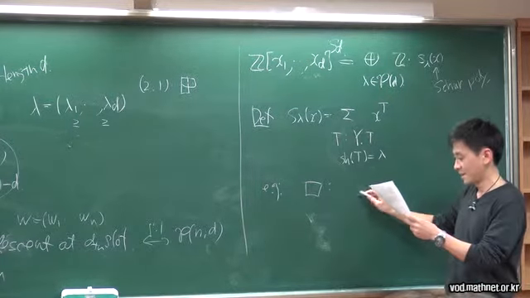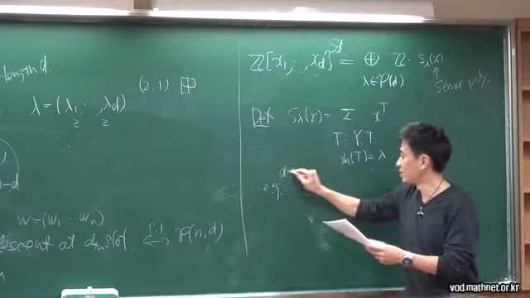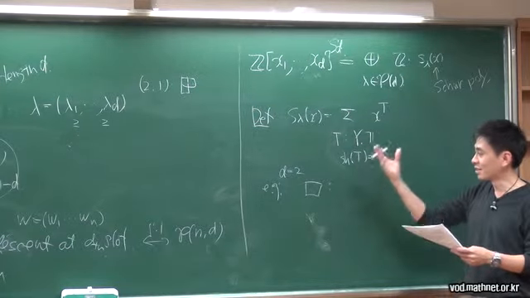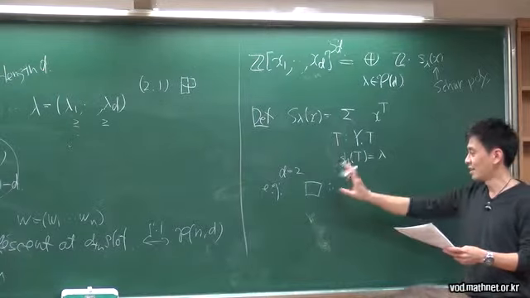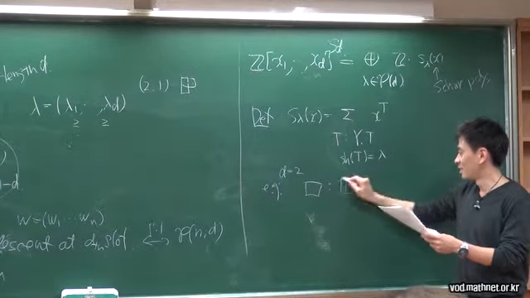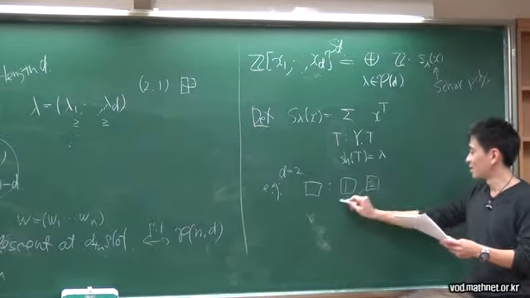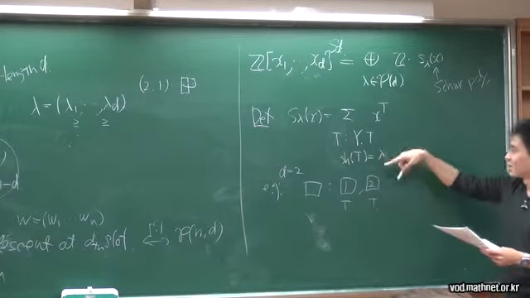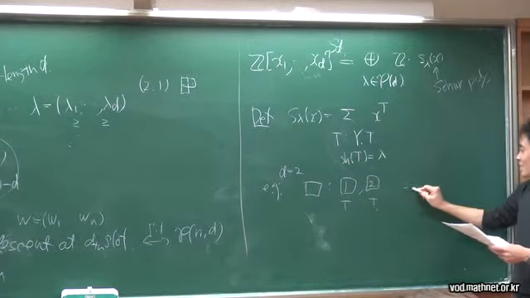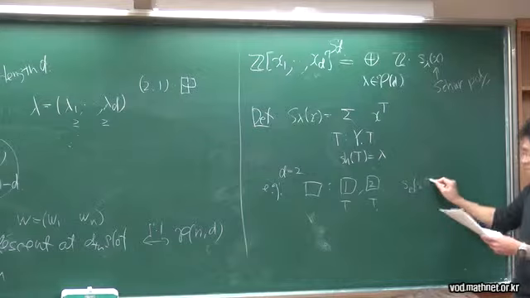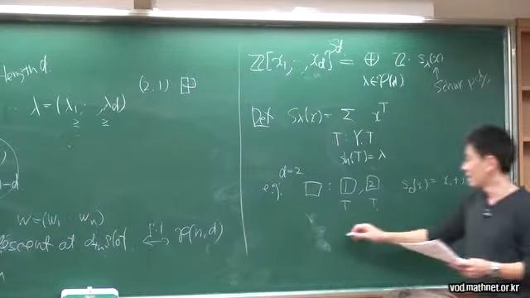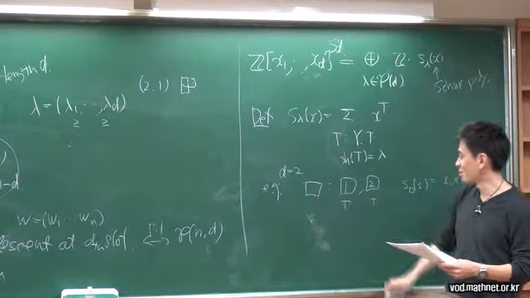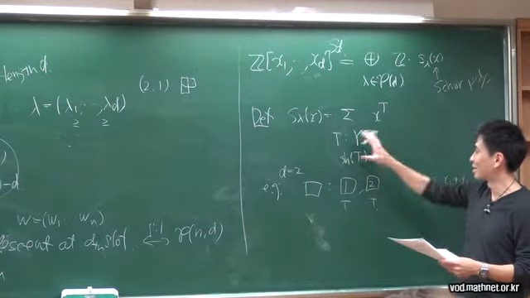Let's say d equal 2, so you pick a number between 1 and 2 to label it: 1 or 2. In this definition, the Schur polynomial of one box is x1 plus x2. Because there's only one box, there's no condition happening here.